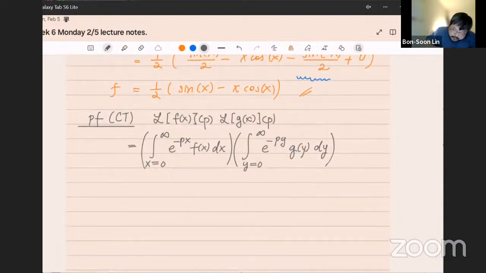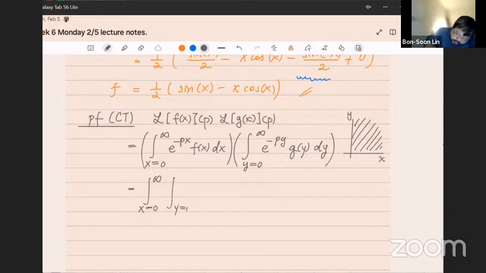Now, currently, my domain of integration is the upper first quadrant right here. If you write this as x, y, this is the area we're integrating over. x from 0 to infinity, and y from 0 to infinity of e to the minus p times quantity x plus y, f of x, g of y, dy dx.